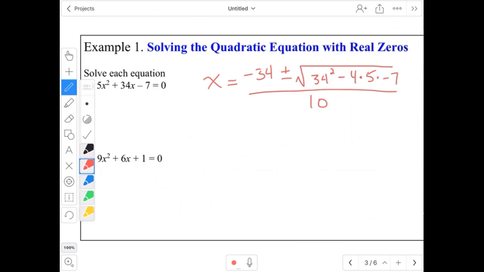I'm going to use my calculator for a couple of these computations just underneath the radical there. So 34 squared is 1,156. 4 times 5 times negative 7 would be negative 140. So we get x equals negative 34 plus or minus the square root of 1156 minus negative 140, all over 10.